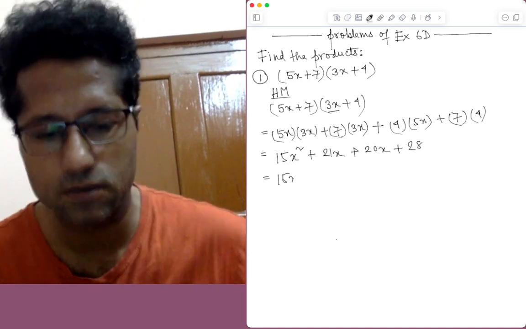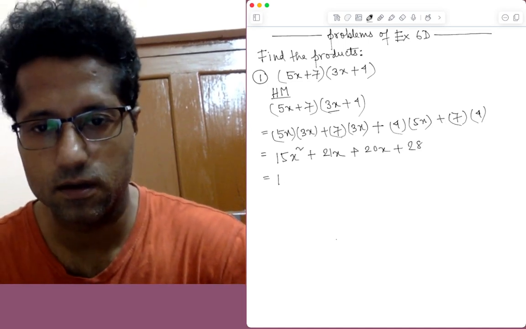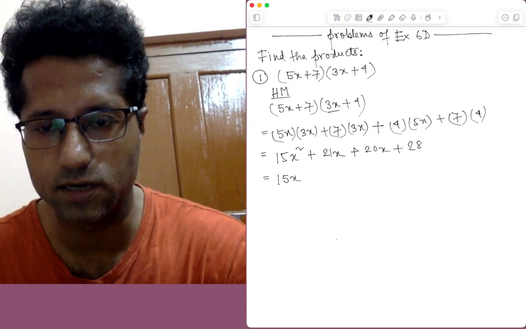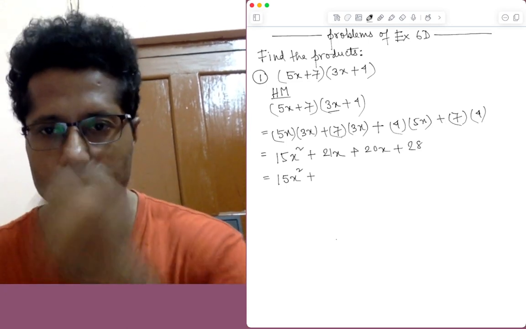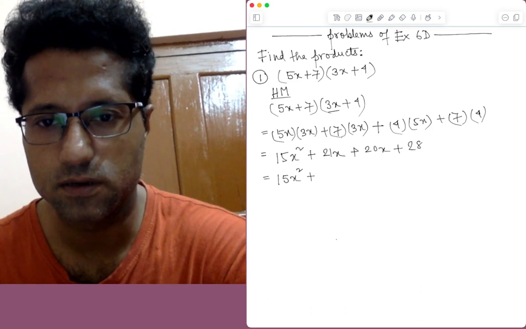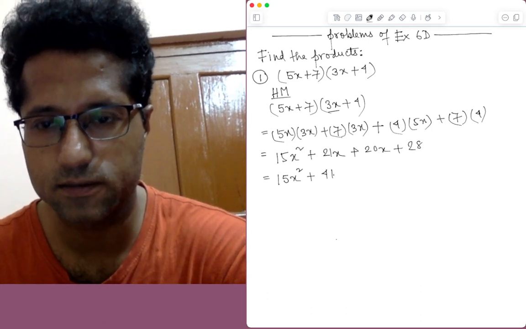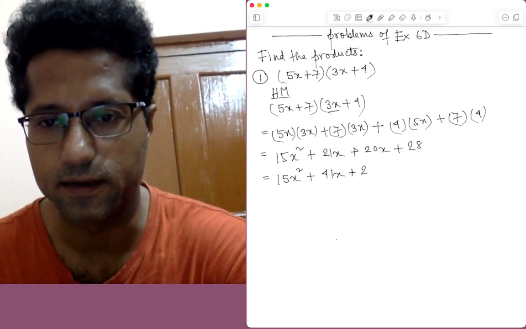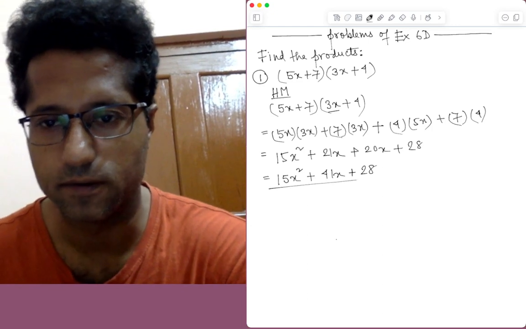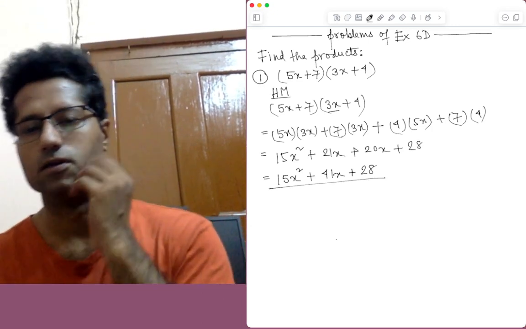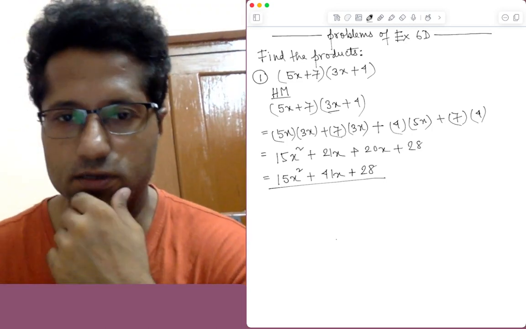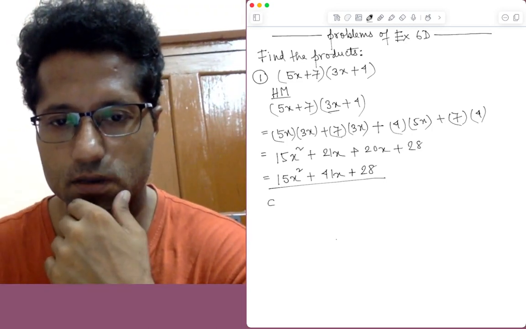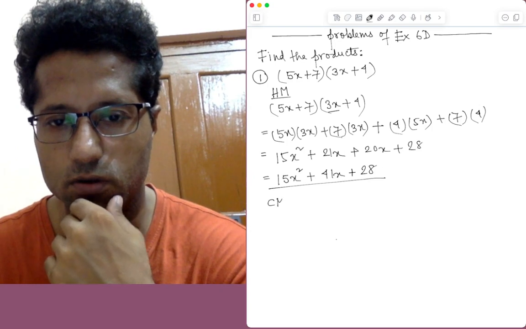The like terms are 21x and 20x. So we just add the coefficients of the like terms and it becomes 41x and plus 28. So this is the result using the horizontal method, that is distributive law of multiplication over addition. Now let's see the same product using the column method.